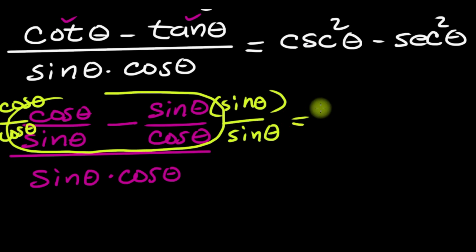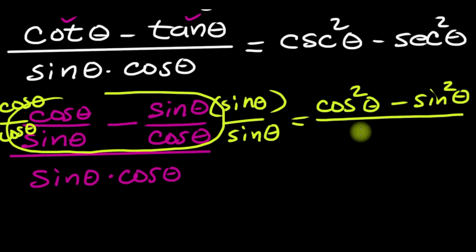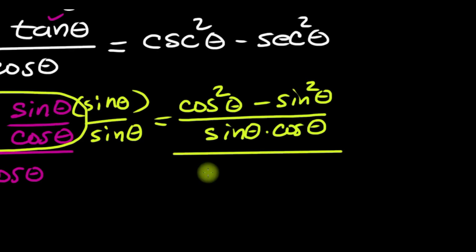Okay, so when we do that, we get cosine square take away sine square, all over sine times cosine. Common denominator, sine times cosine.